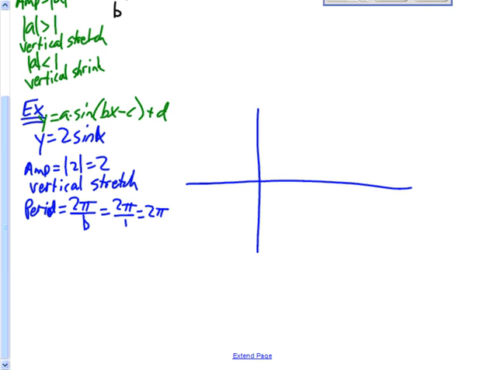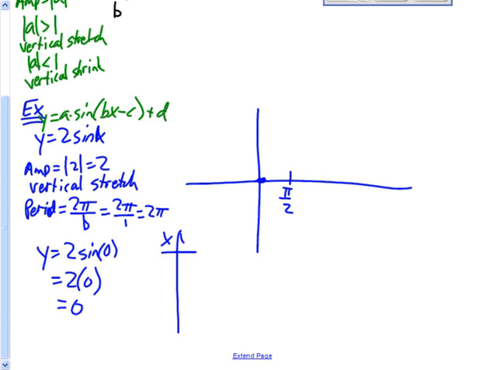And then we graph this thing. Let's start out at 0 and plug some points in. 2 sine of 0. Well, the sine of 0 is 0, and 2 times 0 is 0. So I'm getting x, y values: 0, 0. Now we punch in pi halves. So 2 sine pi halves.